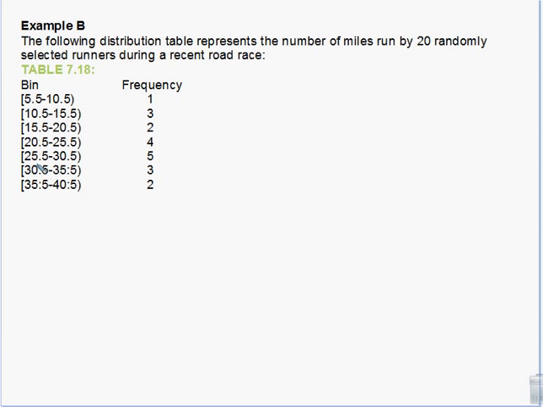It's not times, it's miles. There, okay. All right, so we are going to create a frequency polygon for this. We are not going to create the histogram first. You don't have to make the histogram to make the frequency polygon.